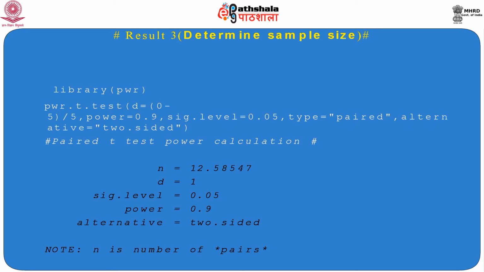so you have 5 individuals and mean groups observed from first to second visit as 0 to 5, then the difference between 0 and 5 divided by the number of individuals gives us the d value, and based on the d value, here we are getting 1, we get the sample size 12.58 for this study.